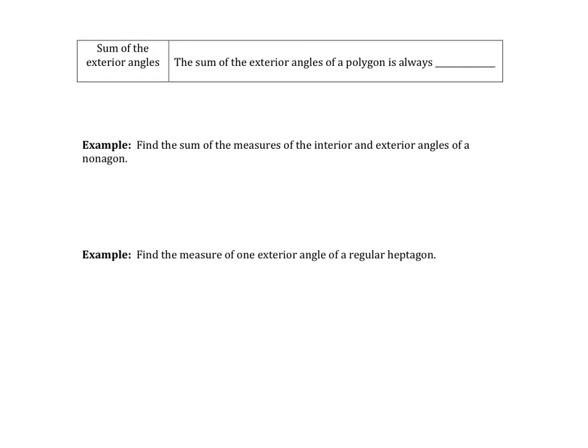All right. Next definition we have is the sum of the exterior angles of a polygon. The sum of the exterior angles of any polygon is always 360 degrees. Okay, so first example, find the sum of the measures of the interior and exterior angles of a nonagon. A nonagon has 9 sides. So the exterior angles is pretty quick.